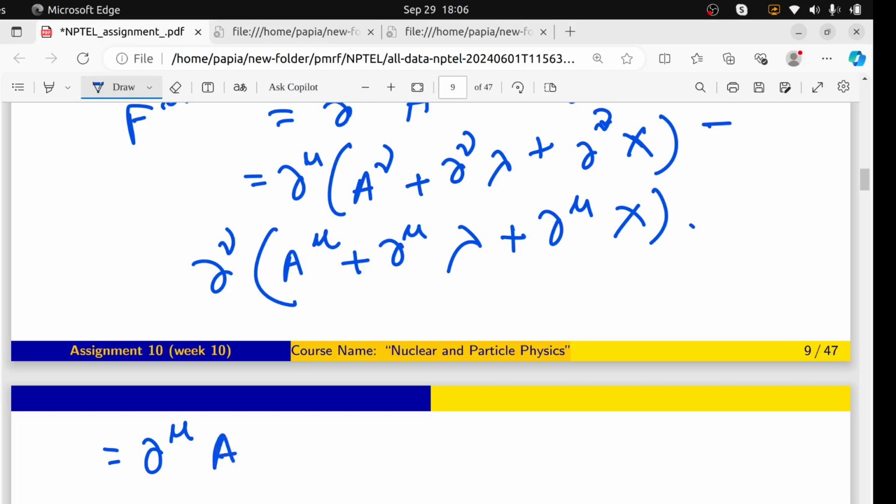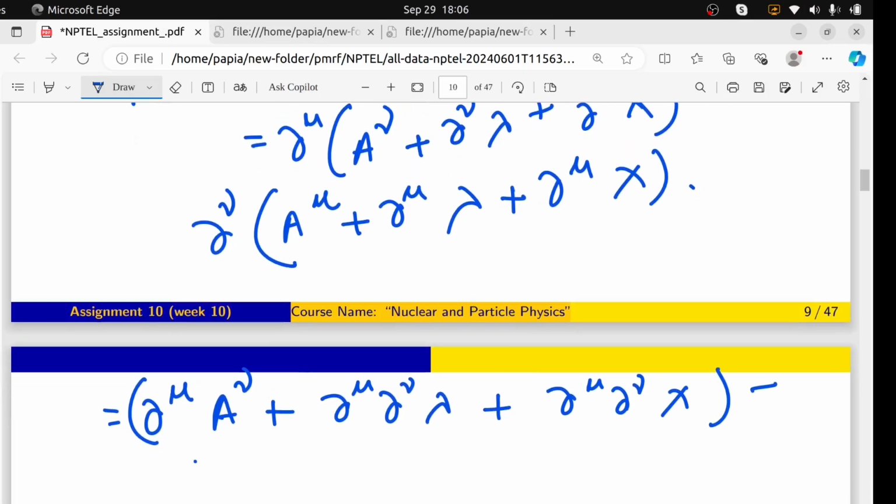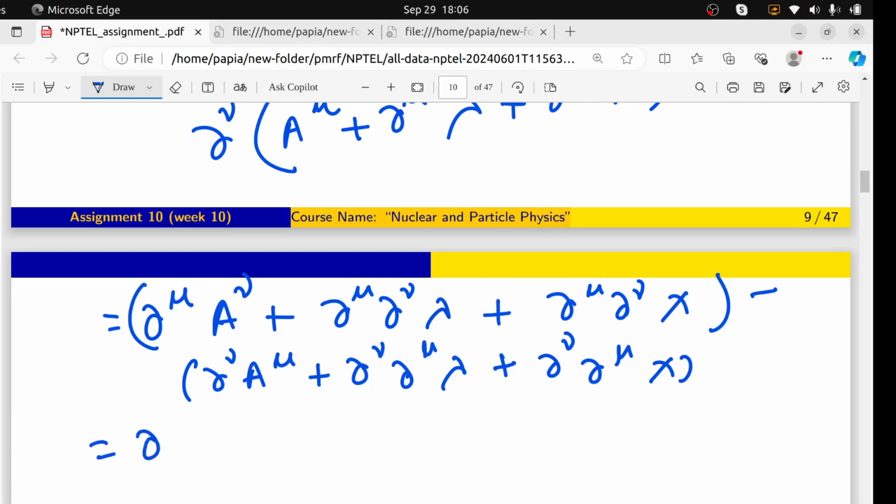Now let's calculate this one. Del mu A nu plus del mu del nu lambda plus del mu del nu chi, this is one whole term, minus del nu A mu plus del nu del mu lambda plus del nu del mu chi. Okay. Now you can see, if I write here one by one, del mu A nu minus del nu A mu, this is fine.